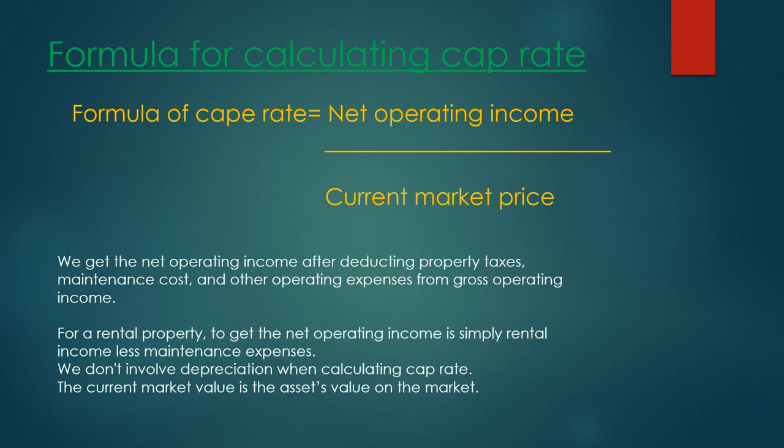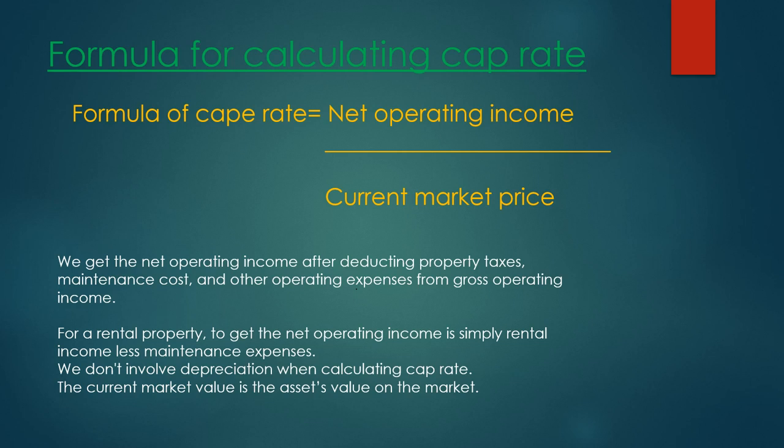First, to get the net operating income, usually you add all the total income and then subtract the property taxes, the maintenance cost, and any other operating expenses. So simply, all the income minus all total expenses.